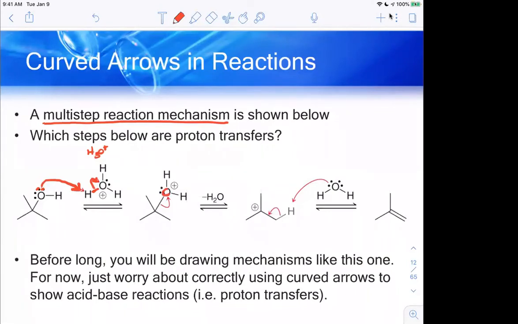This oxygen becomes protonated with that hydrogen, becomes positively charged, right? That's one step. That's a proton transfer reaction. Now, what if this group actually decides to leave? This is the loss of a leaving group. Water is a neutral molecule.